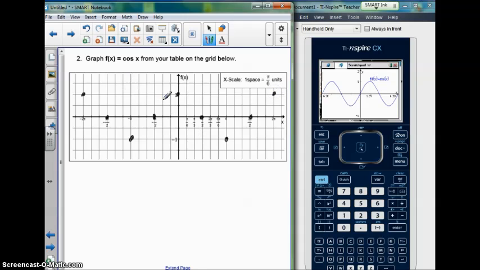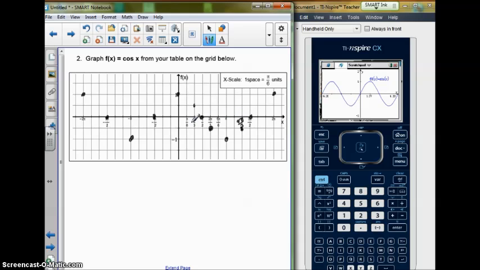Then if we fill in our pi over 3, at pi over 3 we were at 1/2. At 2 pi over 3 we were at negative 1/2. Then there's 5 pi over 6. Again, we're counting by pi over 6, so that's 6 pi over 6, 7 pi over 6, 8 pi over 6, which is 4 pi over 3, and that was also negative 1/2.